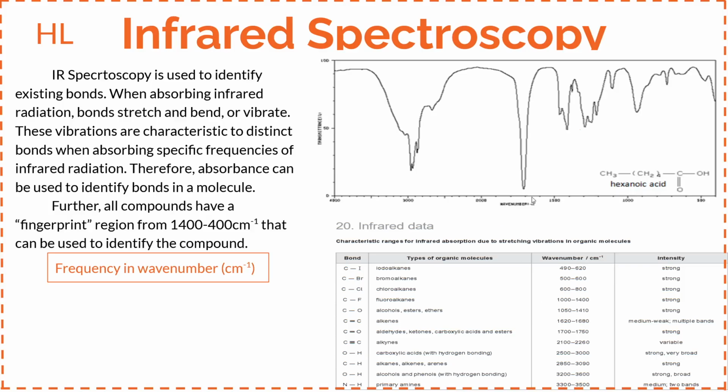We're going to see that it's kind of in the upper limit. So this could be carbon double bonded to oxygen, which would satisfy what we know about the compound hexanoic acid, possibly having a carboxylic acid.